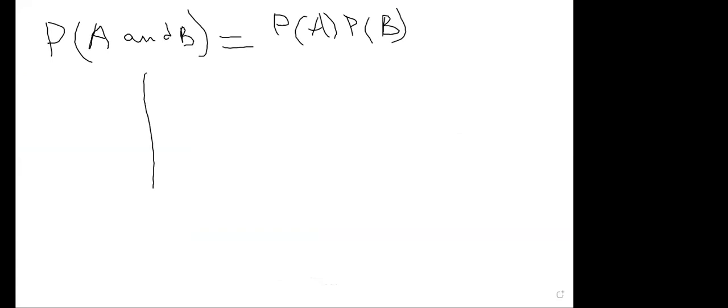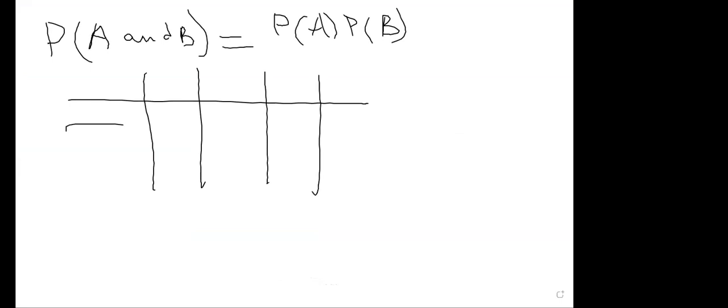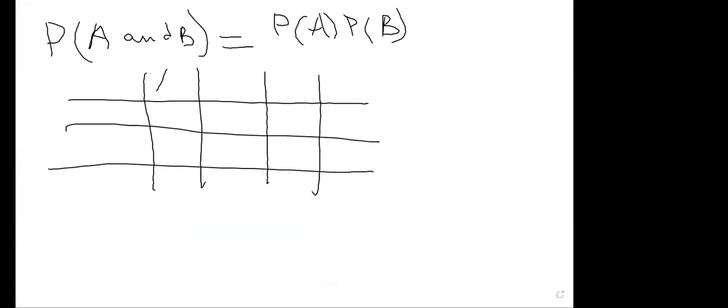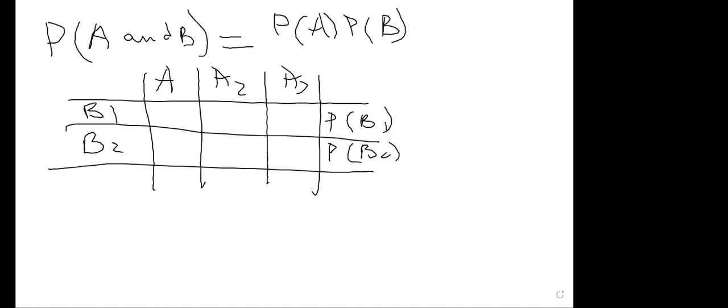So if we have our contingency table, let me just use this simple one. Here is A1, A2, A3, B1, B2. So here we will have probability of B1, probability of B2, and then 1, probability of A1, probability of A2, and probability of A3.